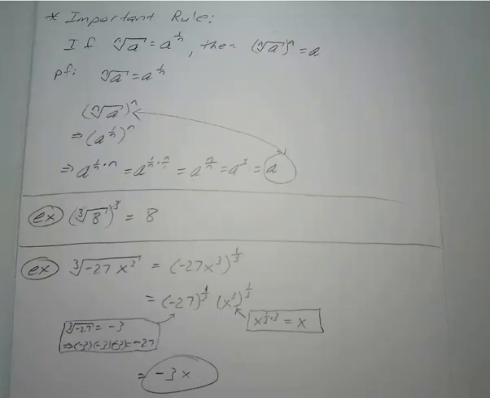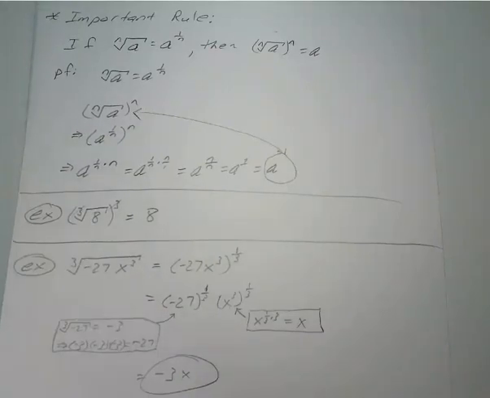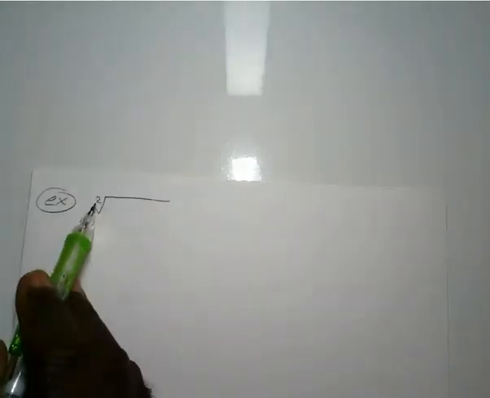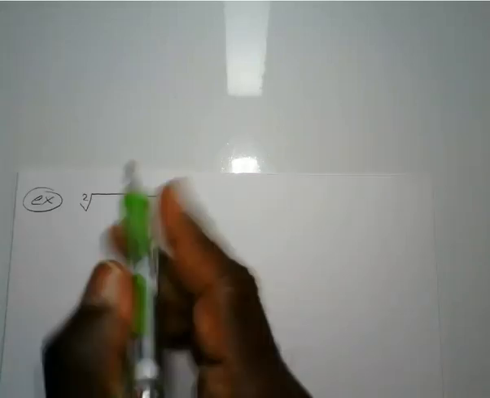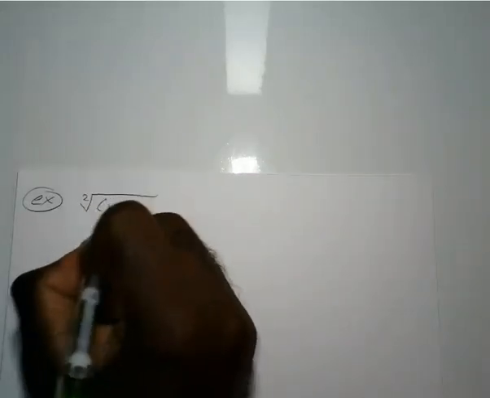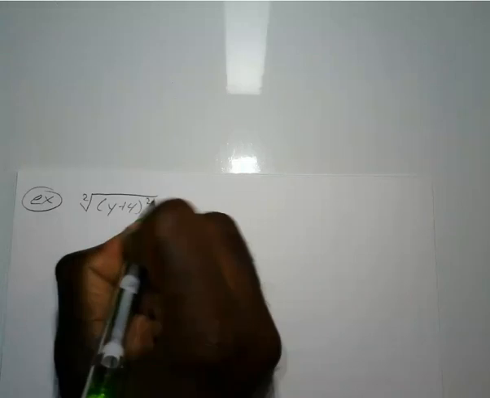Okay, so let me give you another example. Let's say, for example, you have the square root of y plus 4 squared. Remember that 2 probably won't show up in a problem like this, I just kind of wrote it there.